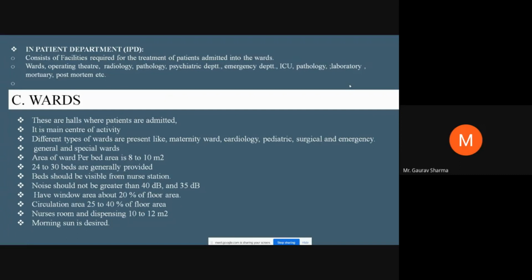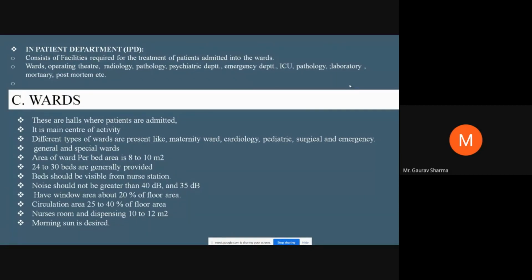Next we have wards, and how the wards will be planned. The important thing is that a ward is an area where nurses and doctors take care of the patients who are admitted into the wards. So they must have a clear vision of each and every patient. Each patient needs to be examined and observed carefully by the doctors.